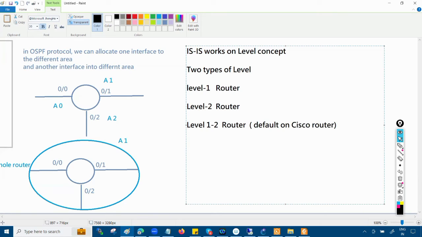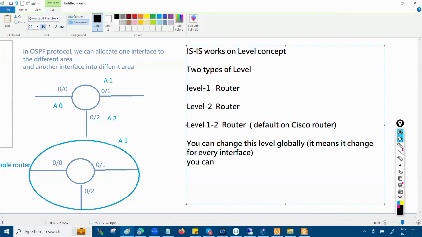You can change this label globally. It means it changes for every interface. You can change this label on an interface as well.